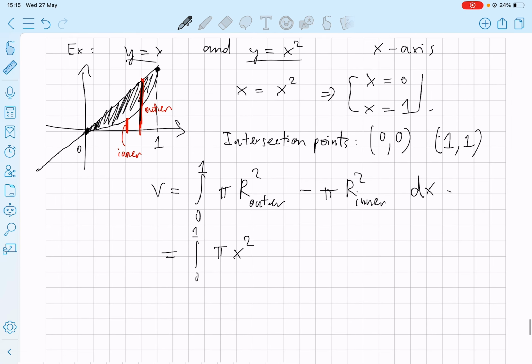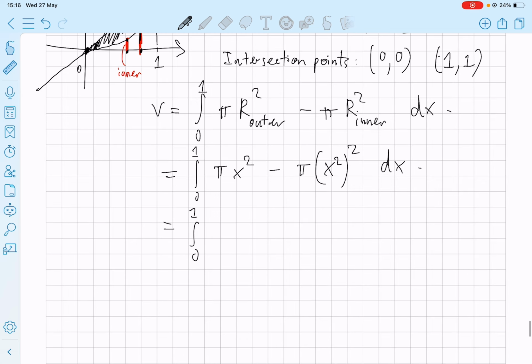The longer is from the straight line to 0, so it is x, and the inner is from the parabola to 0, so it is x squared. Then square each, and it will give you pi x squared minus pi x to the power 4 dx.